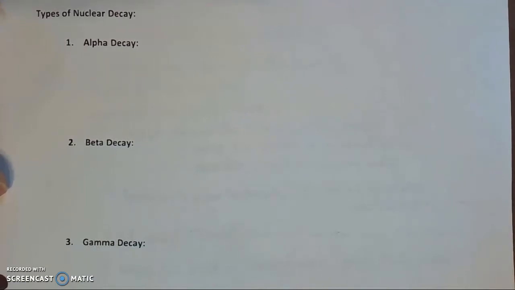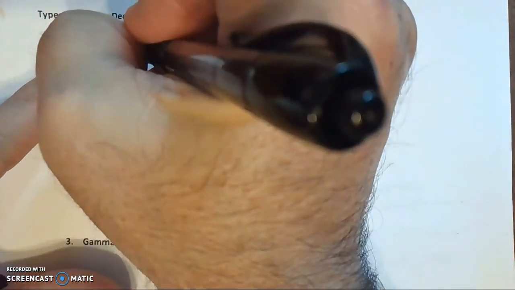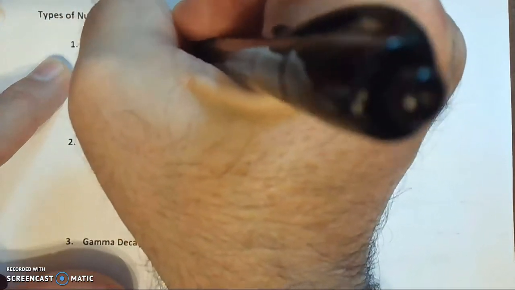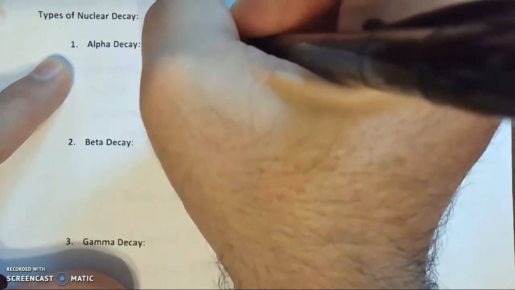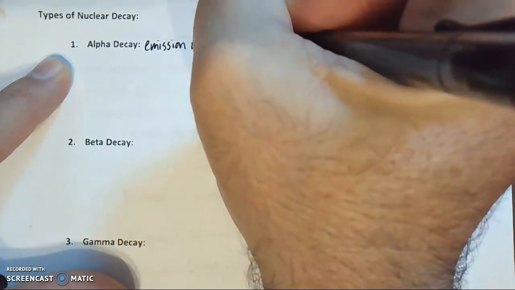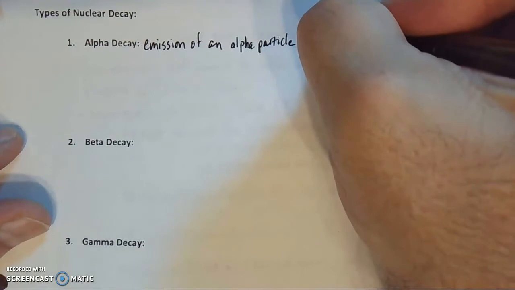So we actually have three different types of radiation: alpha, beta, and gamma. And they're just named after Greek letters. So alpha emission or alpha decay is the emission of an alpha particle. So this one is a particle that is emitted from the nucleus, and it has a weird looking symbol.